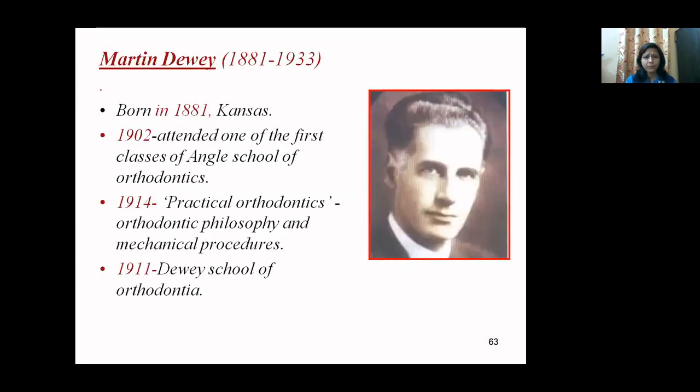Martin Dewey, who was born in 1881, attended in 1902 one of the first classes of Engel School of Orthodontics. In 1914, he wrote Practical Orthodontics, Orthodontic Philosophy and Mechanical Procedures.